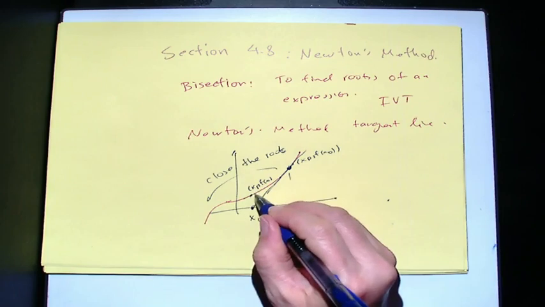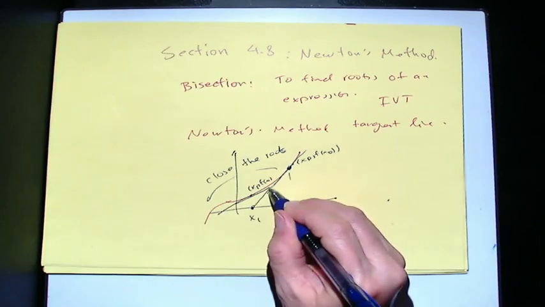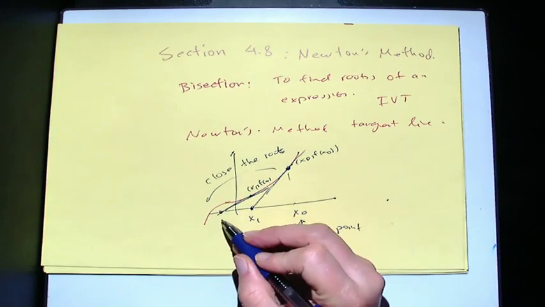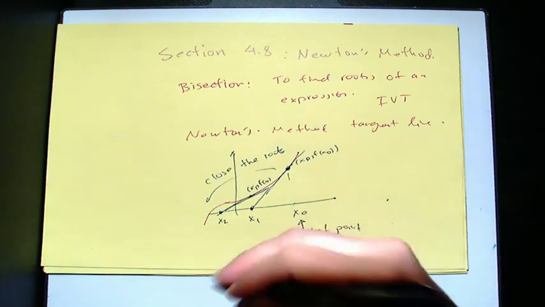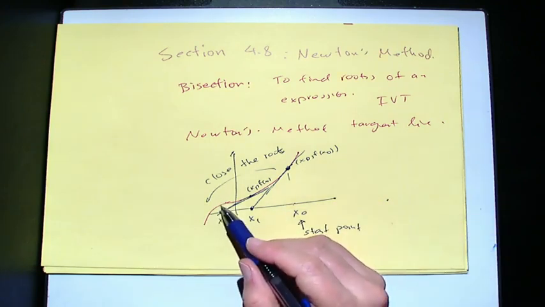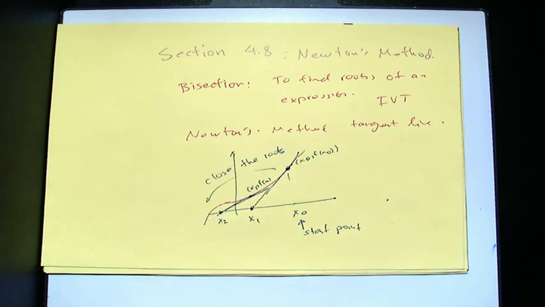Draw the tangent there. And then find the point where that tangent touches the x-axis again, x2. And so on. As you're doing this over and over, you realize that you're getting closer to the 0, basically. It sort of takes you to the 0, the root of the function.